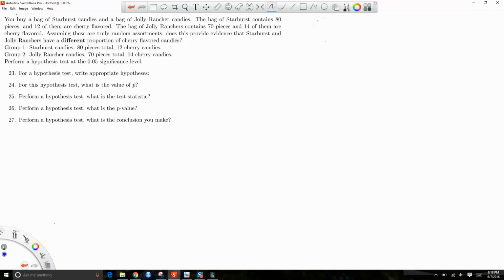Are we dealing with proportions or means here? Proportions, right? Because we want to know, are they cherry flavored or not? That's a categorical variable. And then we've got 2 samples, Jolly Ranchers and Starburst candies.